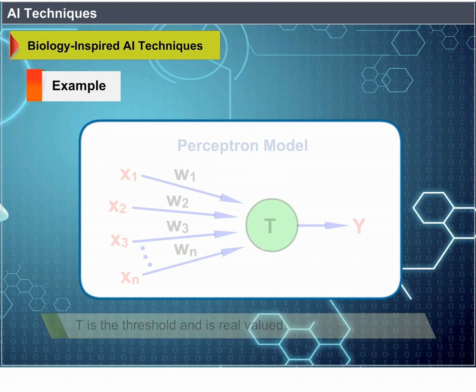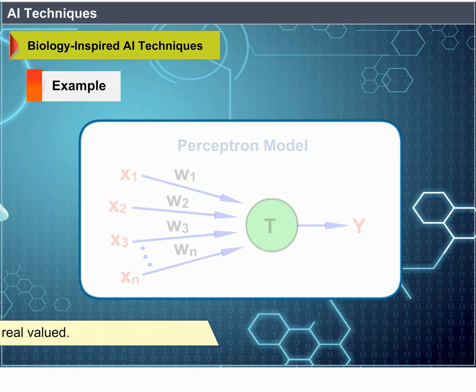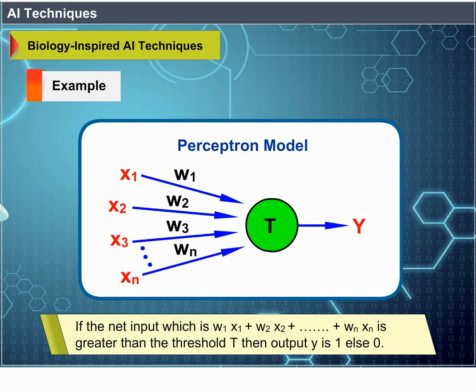T is the threshold and is real valued. Y is the output and is Boolean. If the net input, which is W1X1 + W2X2 + ... + WnXn, is greater than the threshold T, then output Y is 1, else 0.